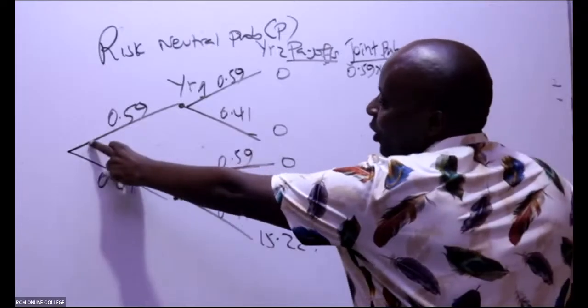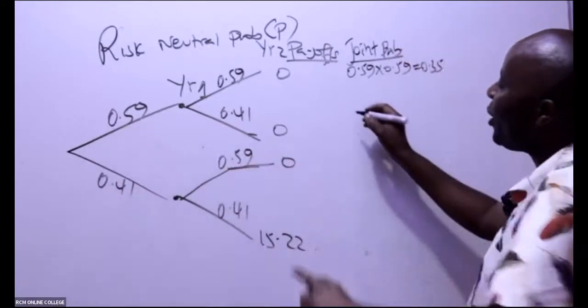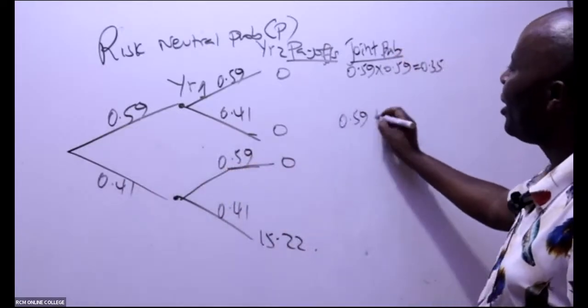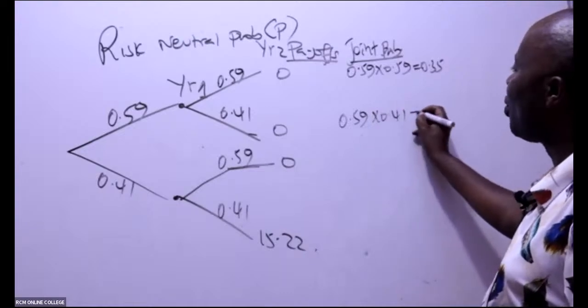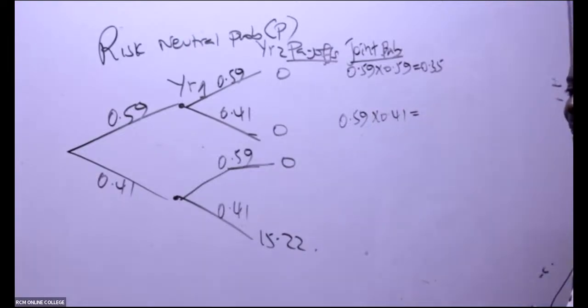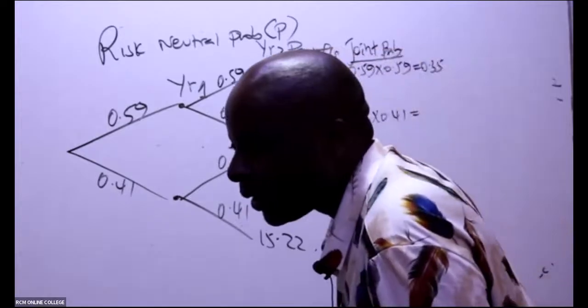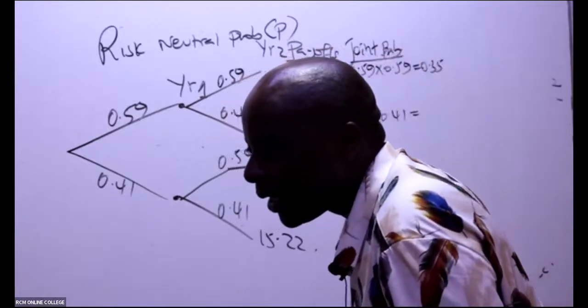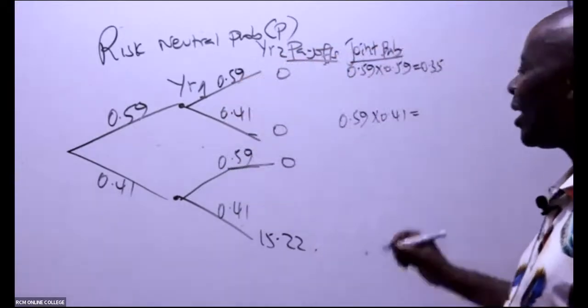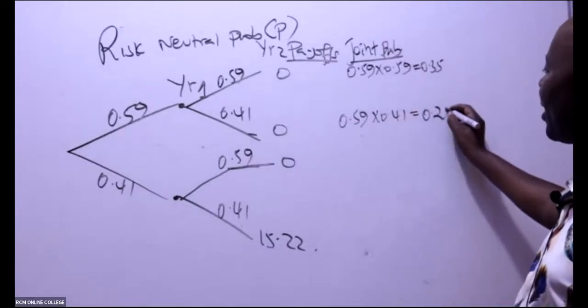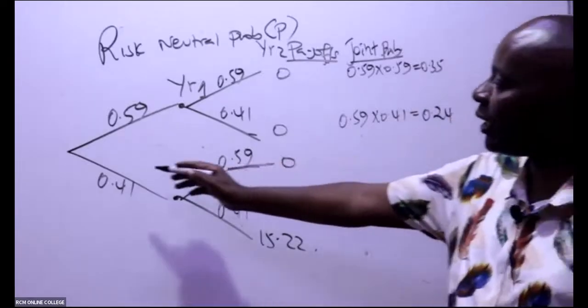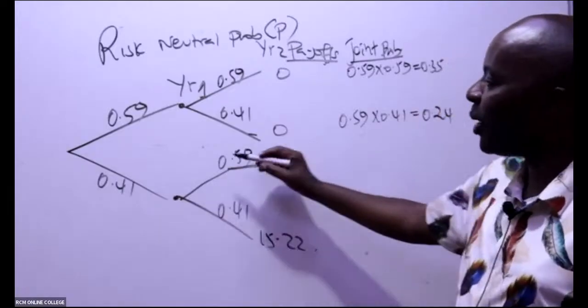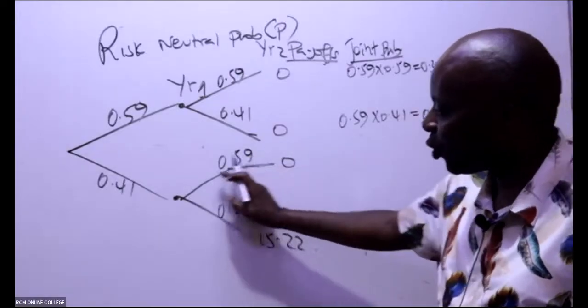This is our road. So this will be 0.59 times 0.41, which will end up giving me what figure? 0.24. Yes, now come to branch number 3. You're following it.